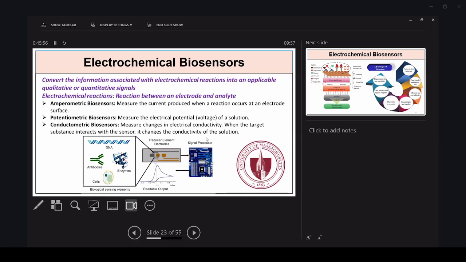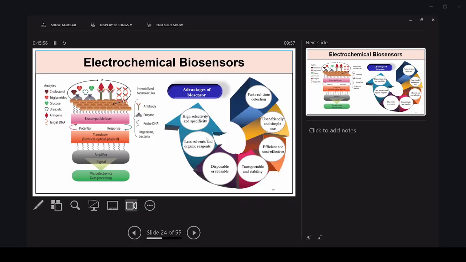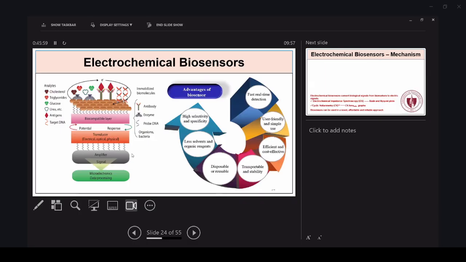As I mentioned before, this is the working principle. First, the biocompatible layer, the layer where all the biological events occur. So what do you do? On top of the electrode, you functionalize the electrode with a particular antibody, and then you coat that particular protein in different concentrations, right?